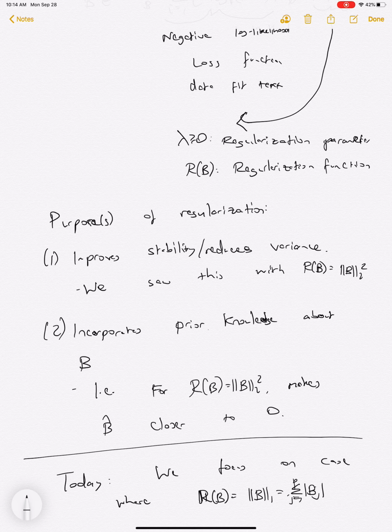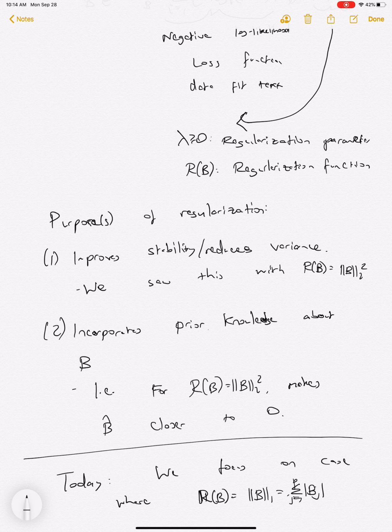Remember that rather than inverting your standard X transpose X matrix, we were adding a penalty, which meant you got something that was always invertible. That also reduced the overall variance. When we looked at it from a mean squared error point of view, we saw that you increased bias because you added a regularization penalty.